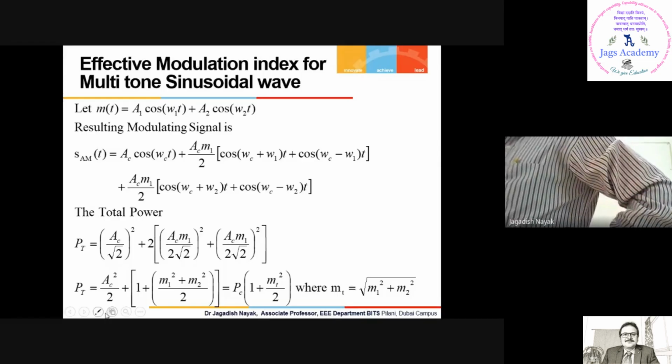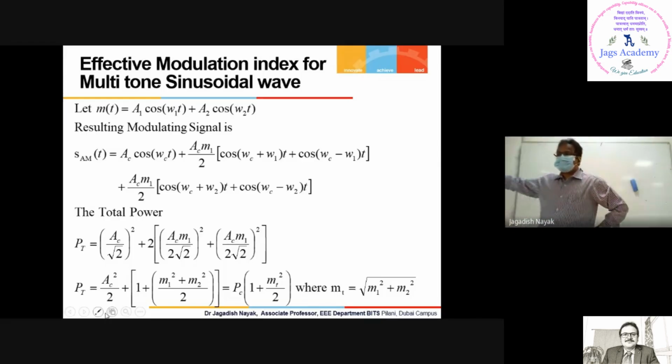The first task was to draw the spectrum. I think you don't have any problem in drawing the spectrum of this. Second, from this equation you get the power, right? Now total power is equal to this one. We can just write it as Pc is equal to 1 plus mt square by 2.